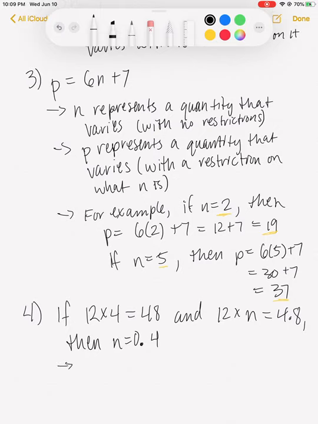Okay. This is a fancy way of saying that n does not vary. n represents a fixed quantity. Okay, it was unknown until they revealed it right here. Okay, so it doesn't vary.